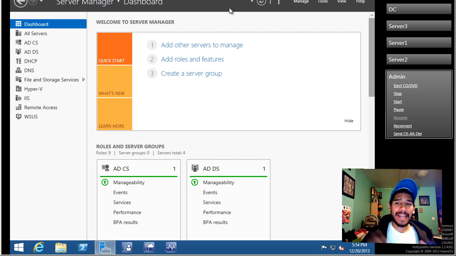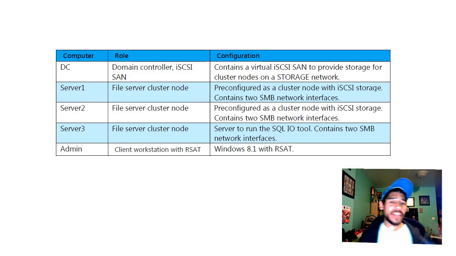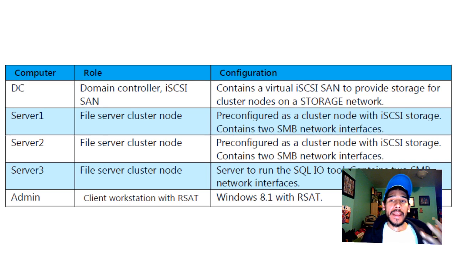So I'm going to break these into little groups, hopefully less than 5 minutes, so you guys won't drive yourselves crazy. Now, what does this lab consist of? I got a nice little chart that I want to show you, and Microsoft provides you with 5 machines. You got a DC, Server 1, Server 2, Server 3, and Admin.